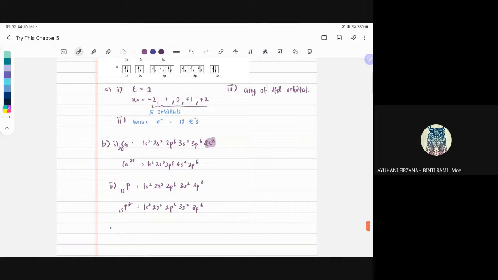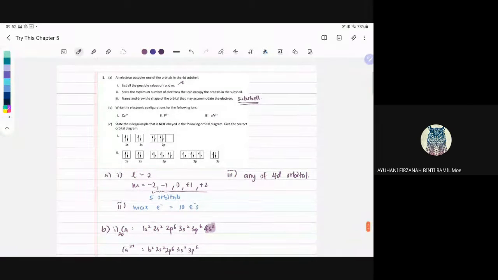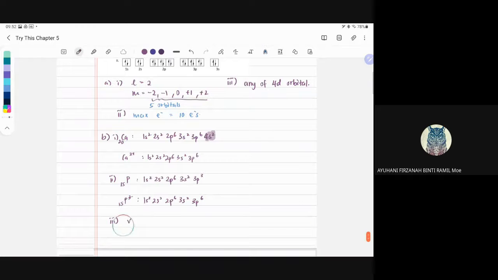And then the next one, vanadium 3+. So vanadium is 23: 1s2, 2s2, 2p6, 3s2, 3p6, 4s2, 3d3.